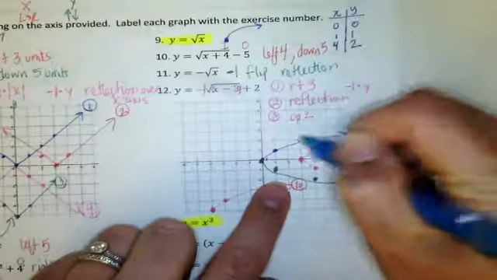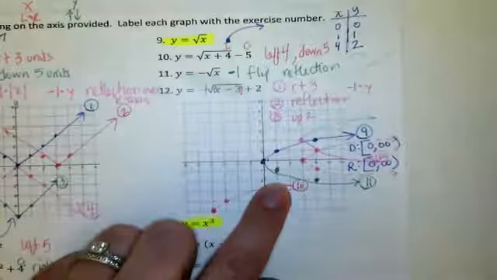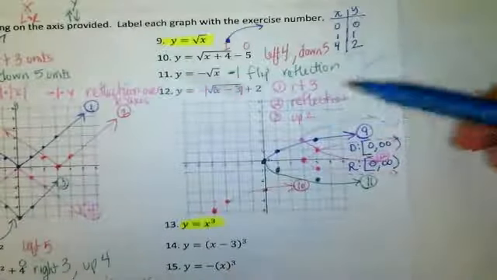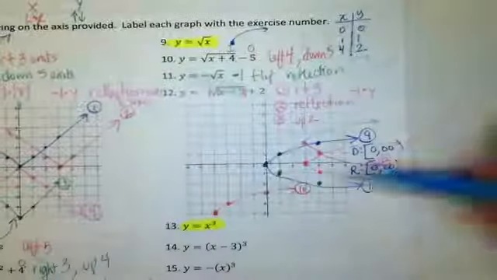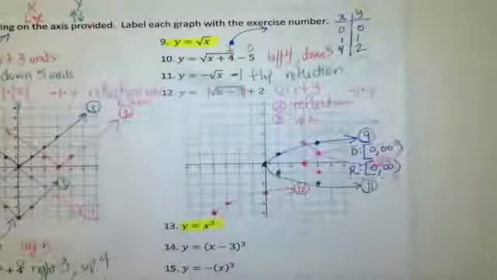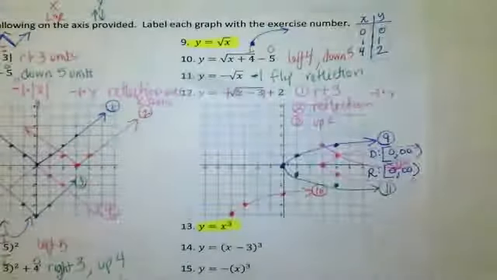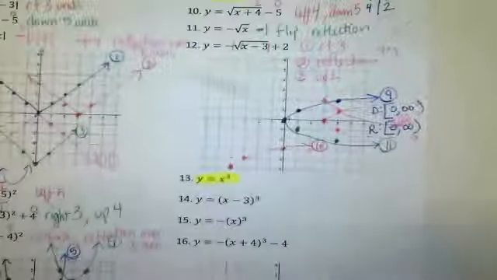Your graph, I wish I had one more color here, would look like this if you just shifted right 3 and up 2. But if you were to execute a reflection, it takes the y value and makes it the opposite. So you just flipped it around itself, which is not a reflection. So it is important which order you do these in. We do multiply before we do that slide up or down.